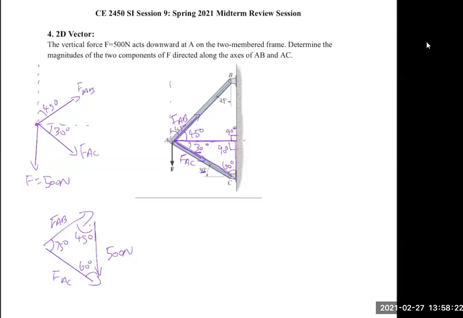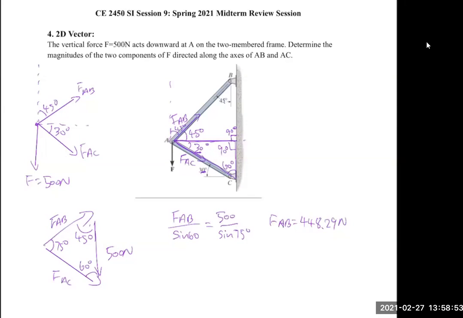Okay, so for the law of sine, FAB over its opposite angle, which is 60 degrees, so sine 60, equals 500 over its opposite angle, which is 75 degrees, so sine 75. Okay, and then we solve for FAB. I got 448.29 Newtons.